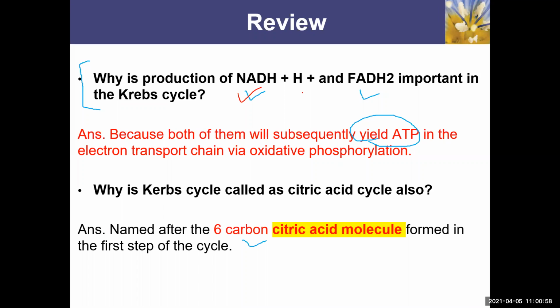At the same time, you will see that they will also oxidize a molecule of molecular O2. We'll see that, right? So O2 will be the final electron acceptor.